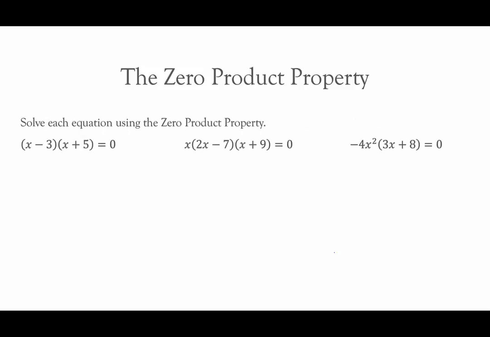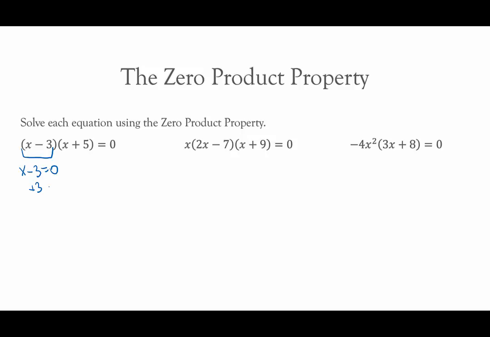All right, so we're going to practice now using this zero product property. We want to find the solutions for each of these polynomial equations. This first one is already factored, right? I have two factors. The first factor is x minus 3. The second factor is x plus 5. I'm going to set x minus 3 equal to 0, and then I'm going to solve for x.